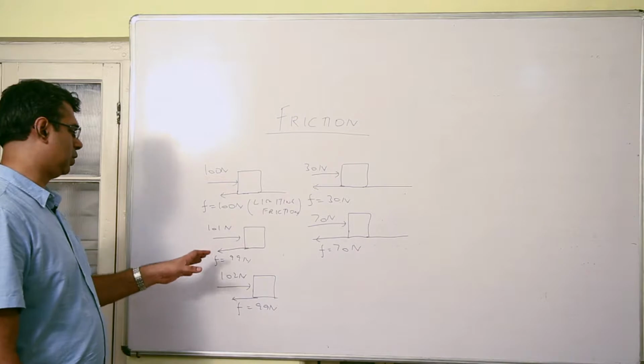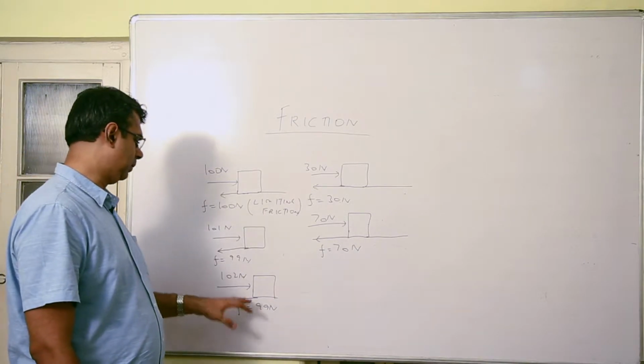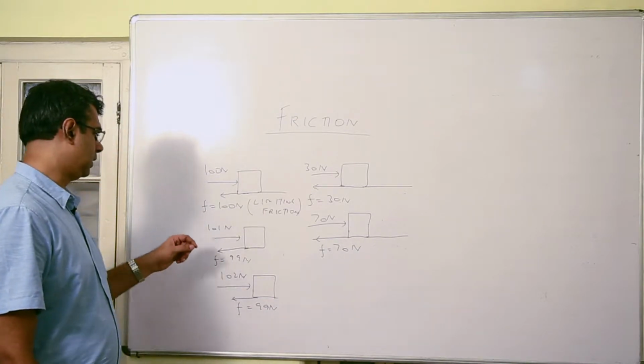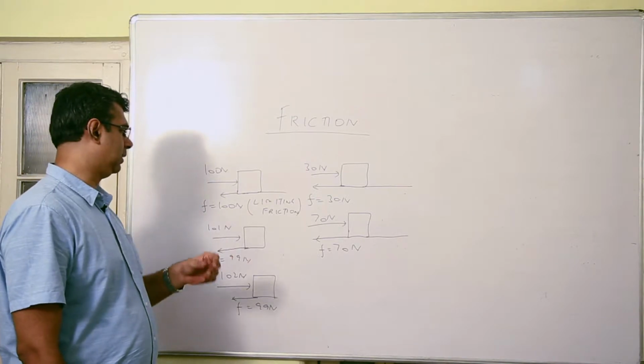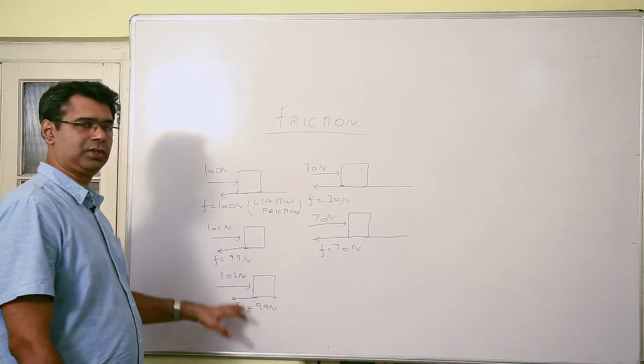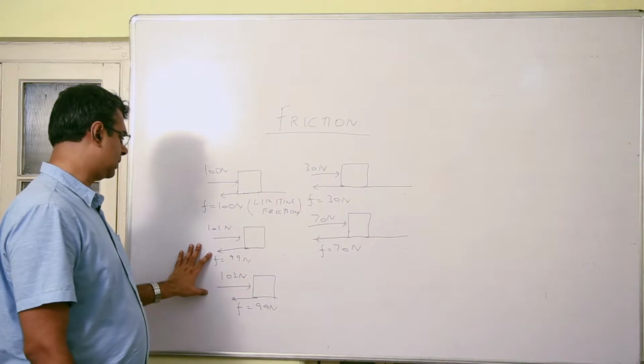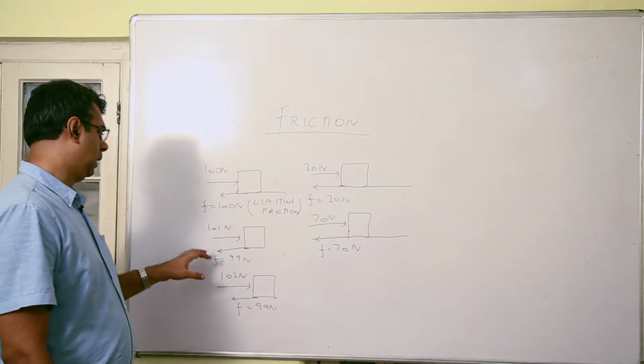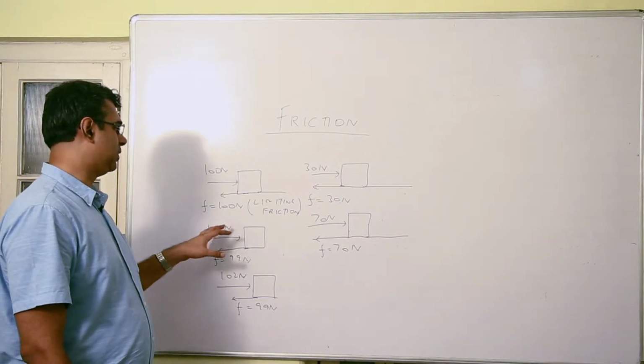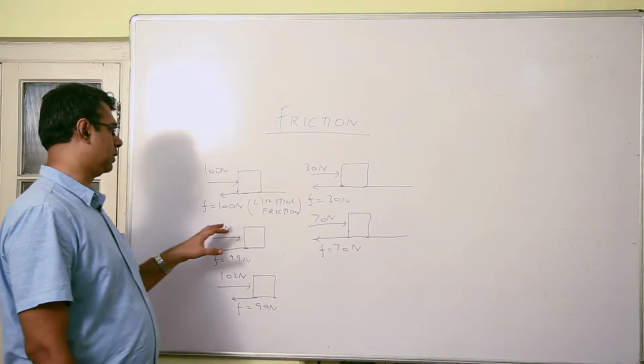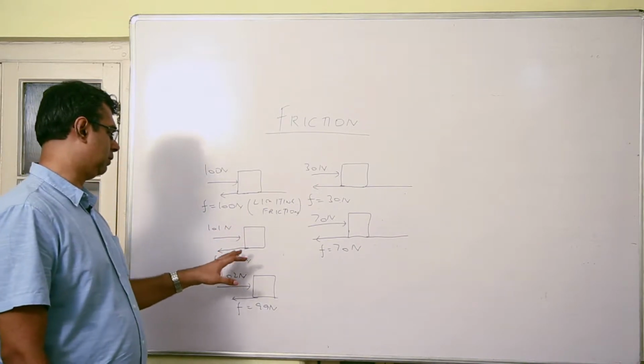And once motion starts, the friction value becomes a constant, which is slightly lesser than the limiting value, and it stays constant. So this tells us that the rest inertia seems to be a stronger inertia than inertia of motion.